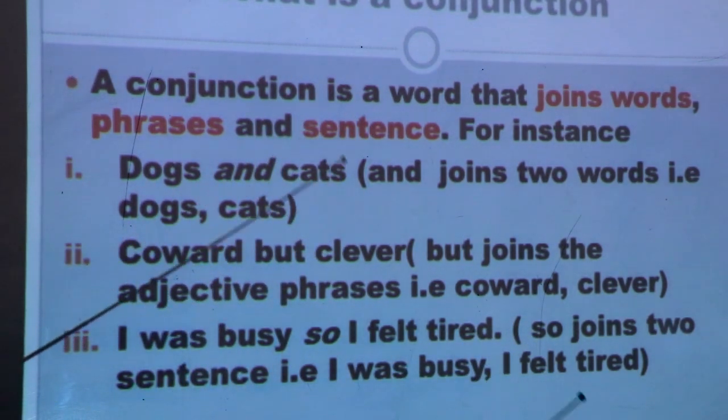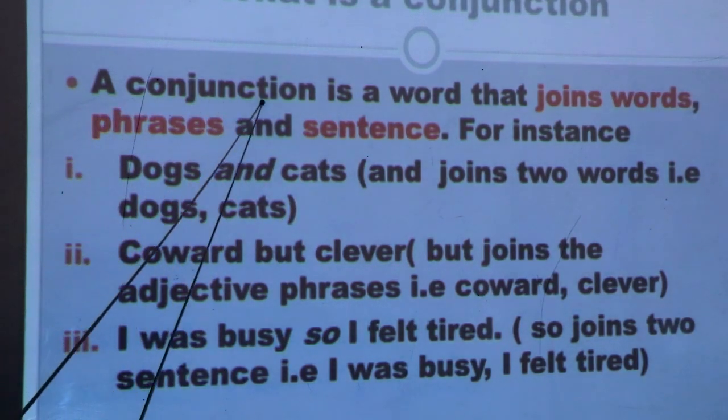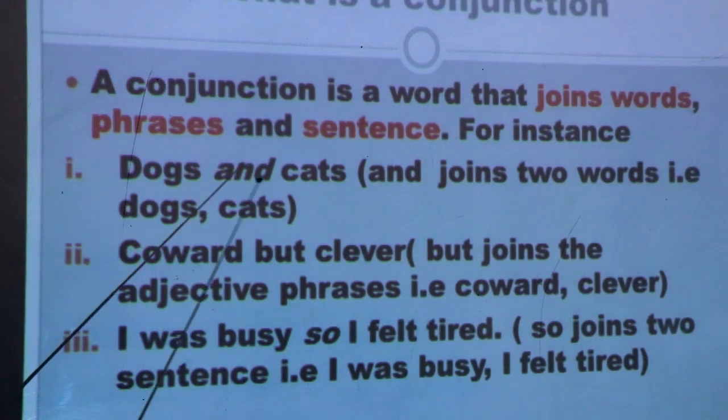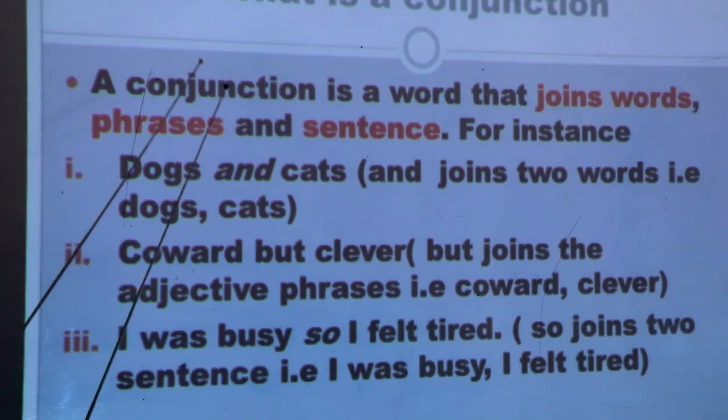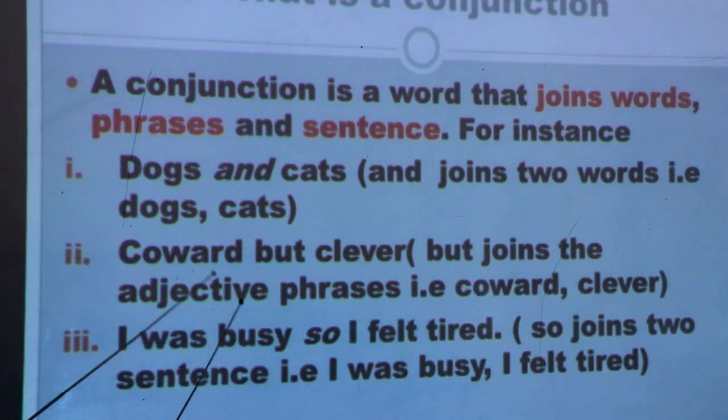Let me repeat again. A conjunction is a word that joins words. As you can see, dog and cat, those are words joined by the conjunction and. Coward and clever, those are adjectives joined by the conjunction but.